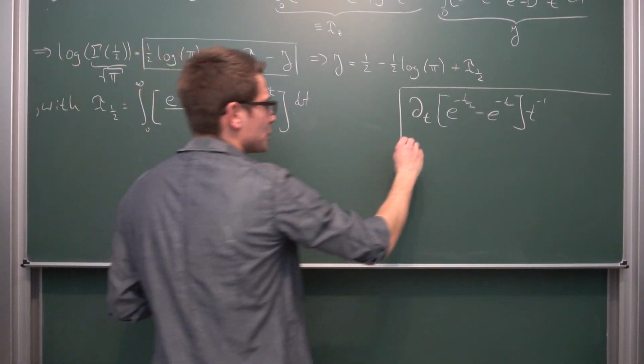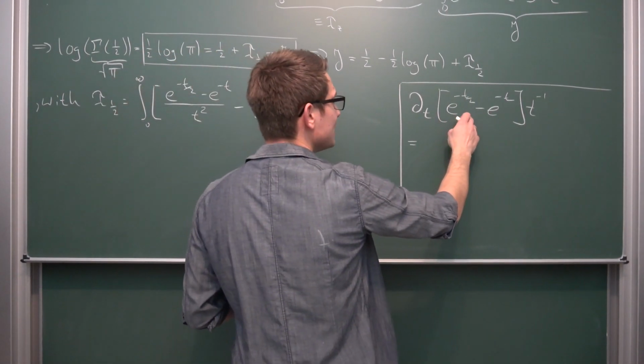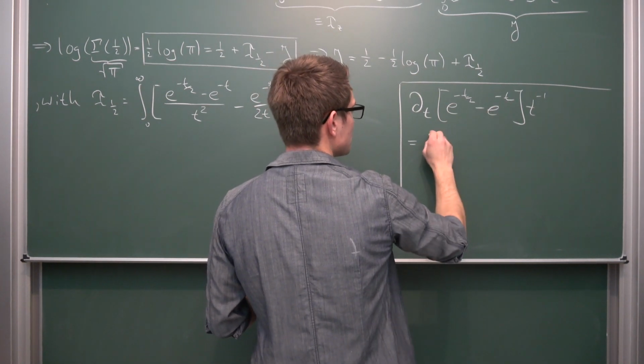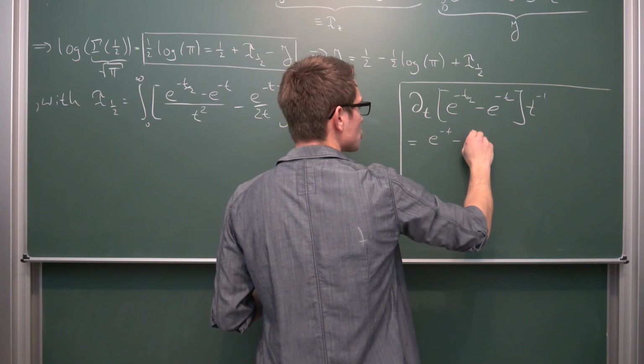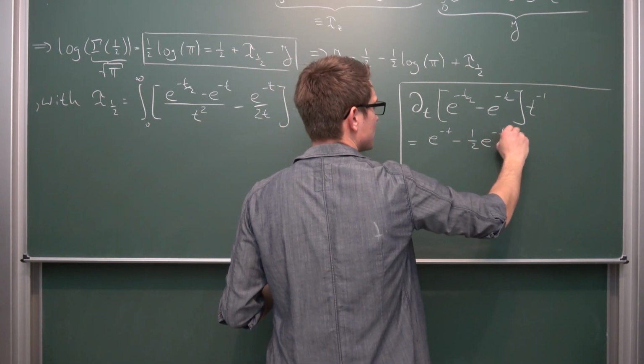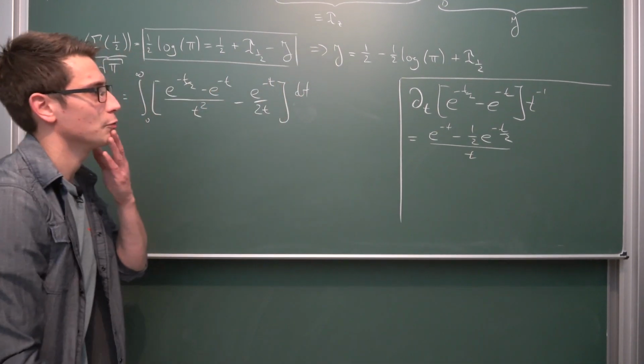If we were to differentiate this right here, first part differentiating this right here is going to give us positive e to the negative t after dragging the negative sign down, minus 1/2 e to the negative t over 2 divided by t. Okay, this is like the first part.